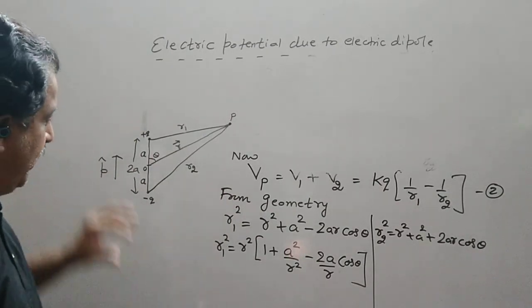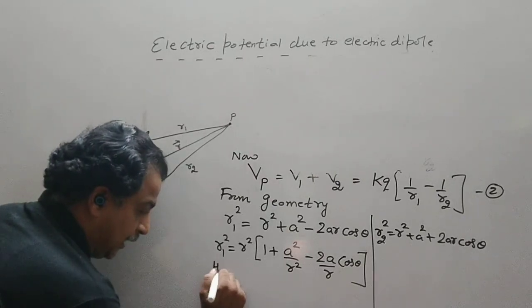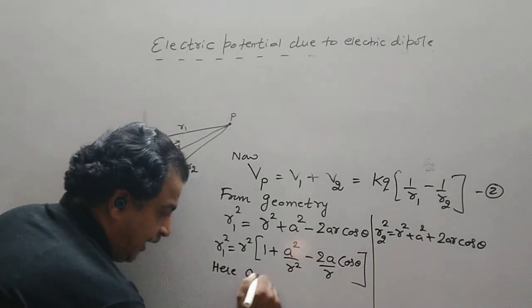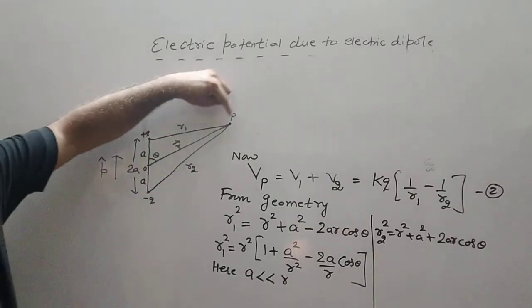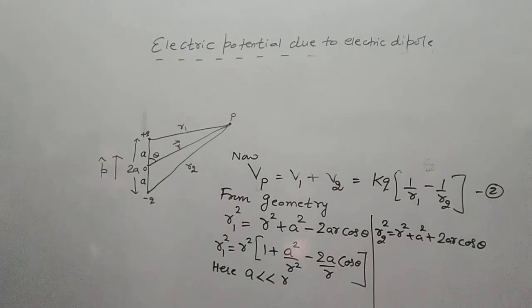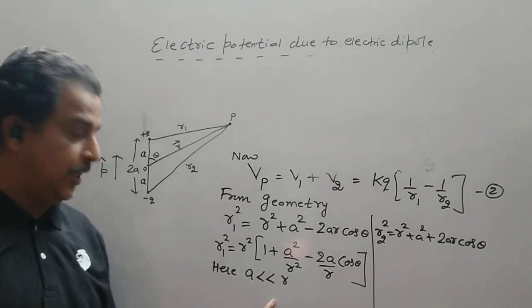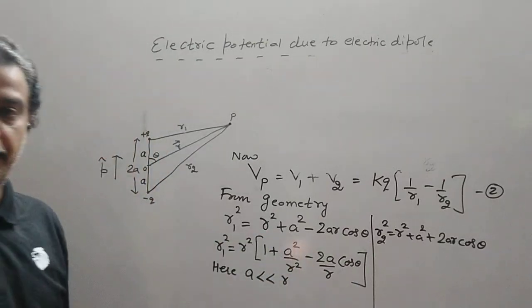Now we assume it is a point dipole. Point dipole means here A is less than R, or the point P is far away as compared to this distance. So if A is less than R, this quantity is very small.